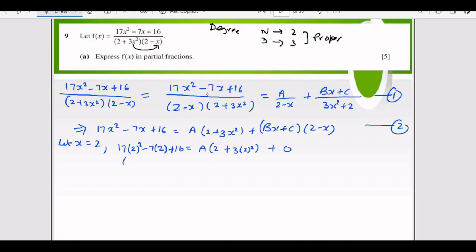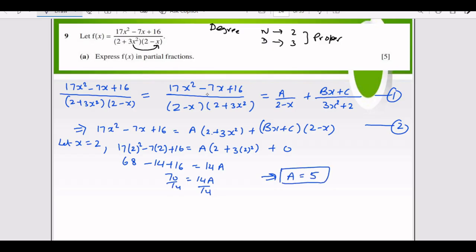So this is 68 minus 14 plus 16, which is 70, and 4 times 3 is 12, 12 plus 2 is 14A. Dividing by 14, we got the value of A as 5.